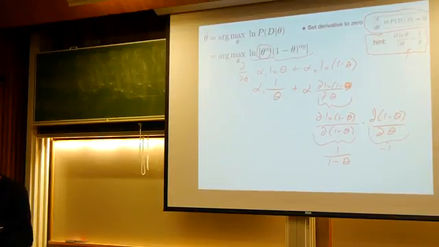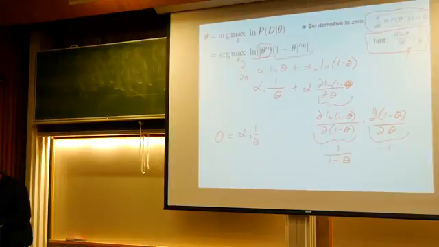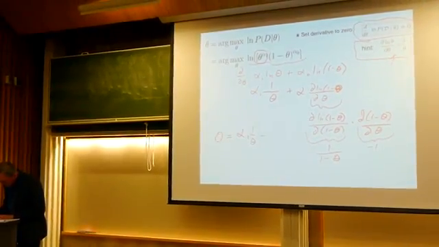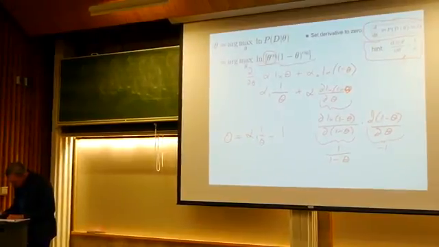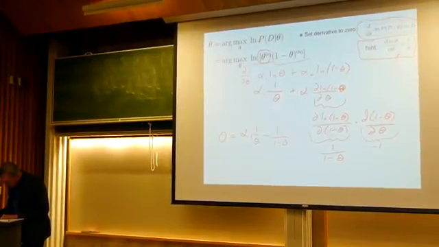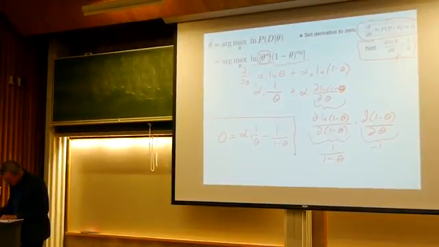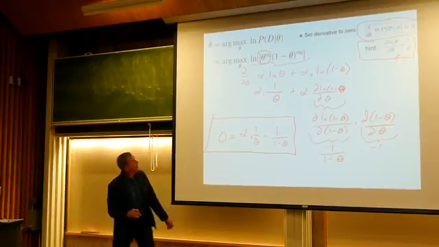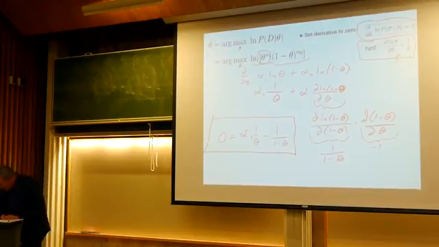Okay, so now there's my answer. 0 equals alpha 1 times 1 over theta minus 1 over 1 minus theta. So if I just solve for the theta, whoops, wait a minute, there's an alpha 0 in here I left out.